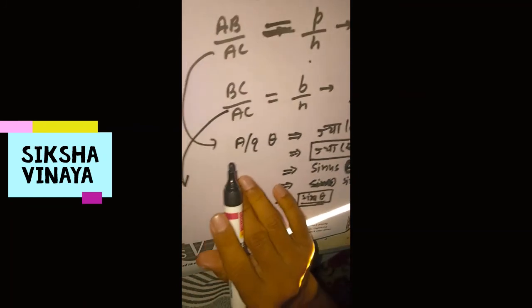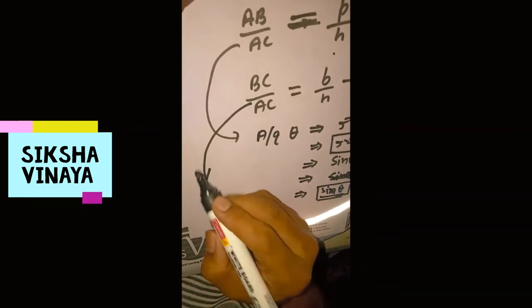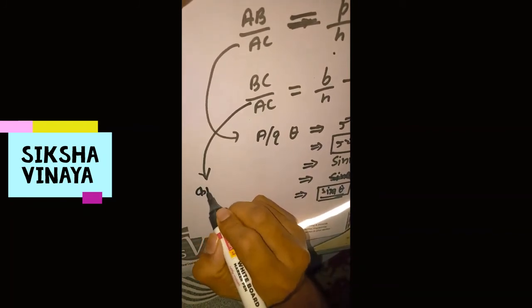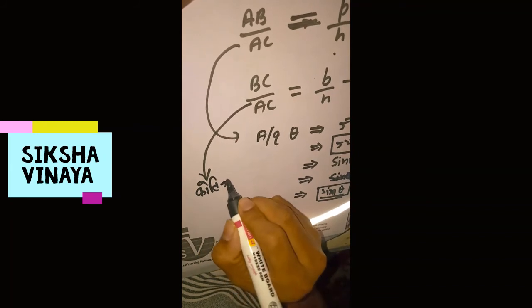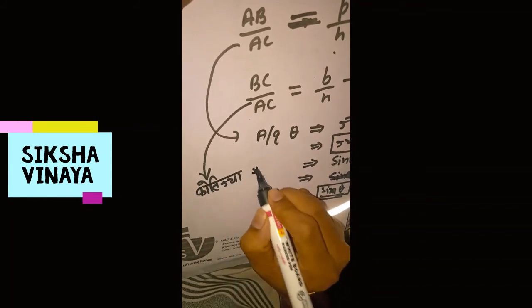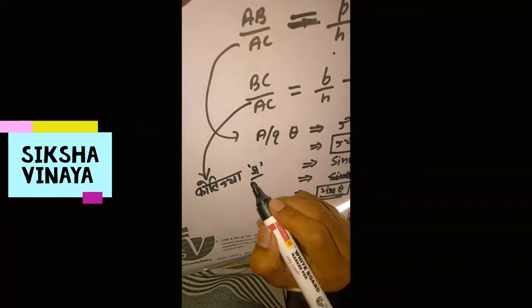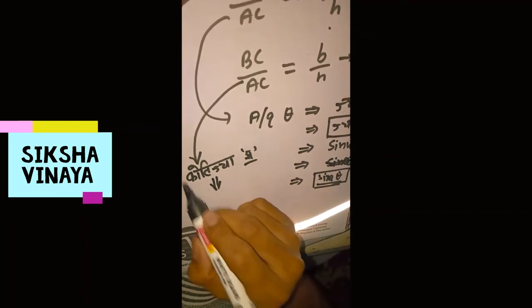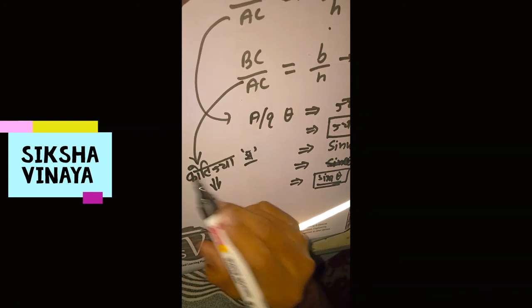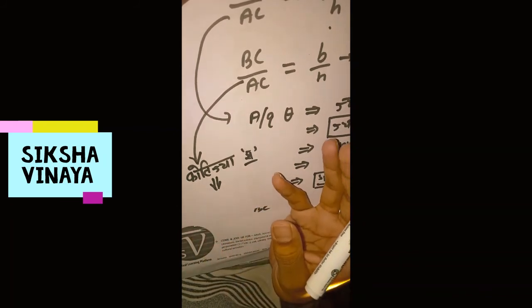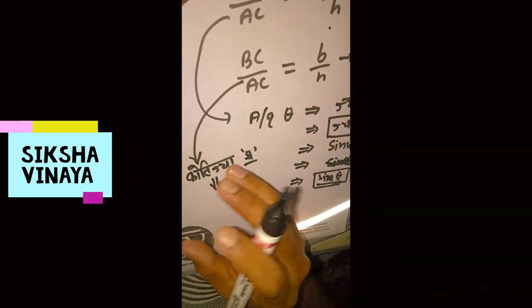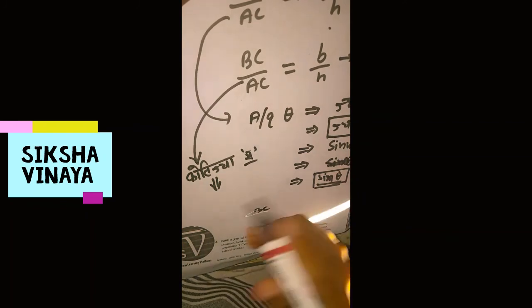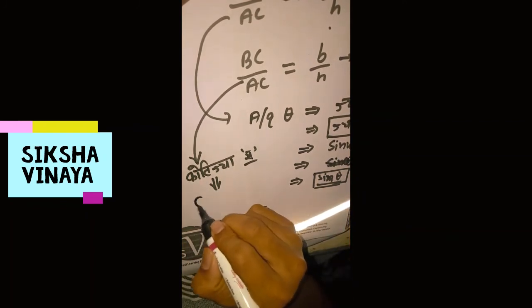Now in the second case, Aryabhata gave the name Koti Jya Saw. The word Koti is taken the same way from Sanskrit.